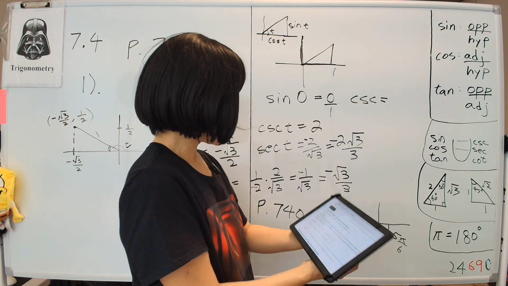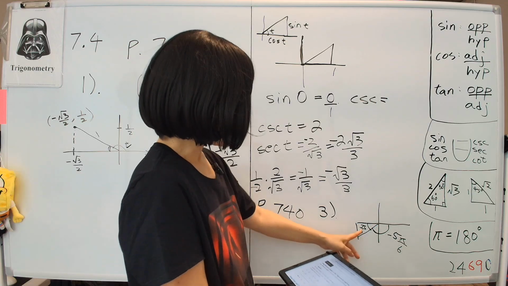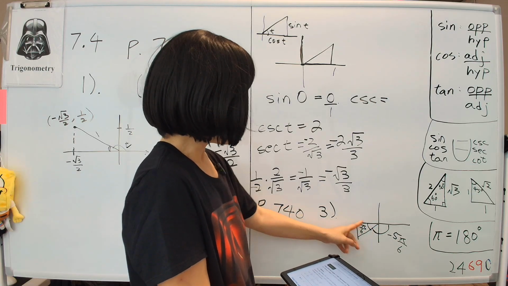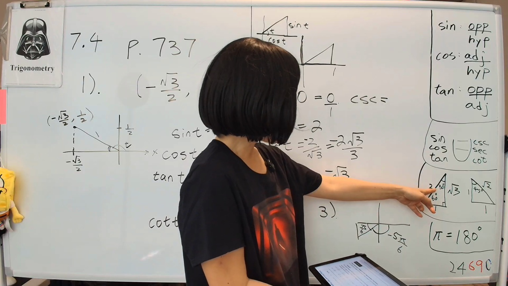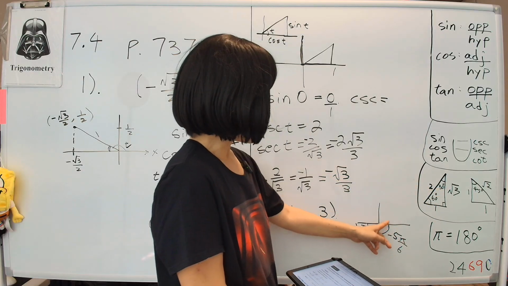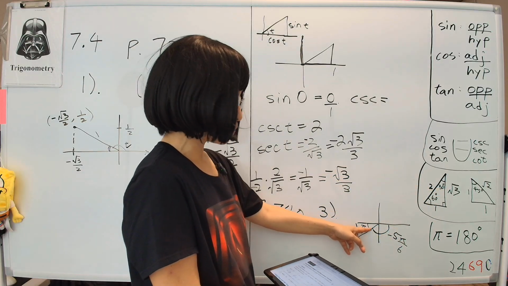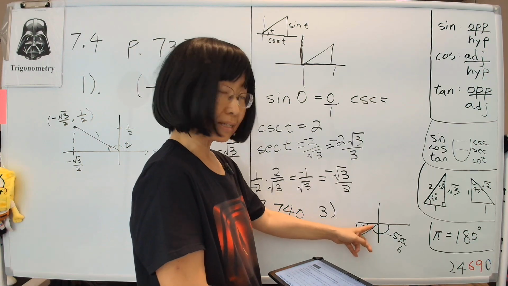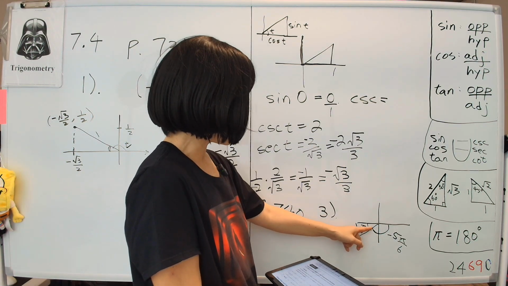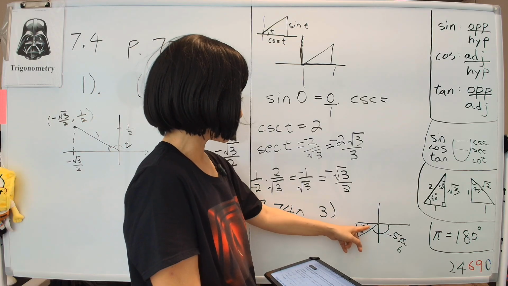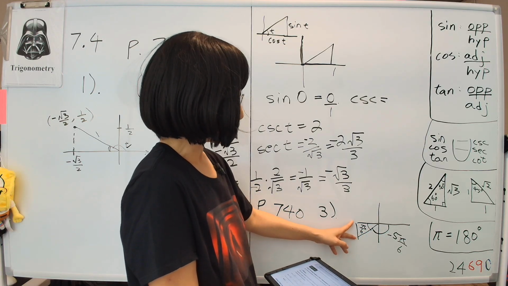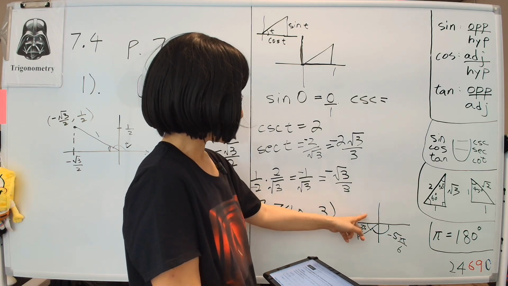For example, what is the cosine of this angle? Remember, to calculate the sine and cosine of an angle bigger than 90 degrees, you use the reference angle, what's left over, and figure out the sine and cosine of that. But then you have to follow whether it's positive or negative.